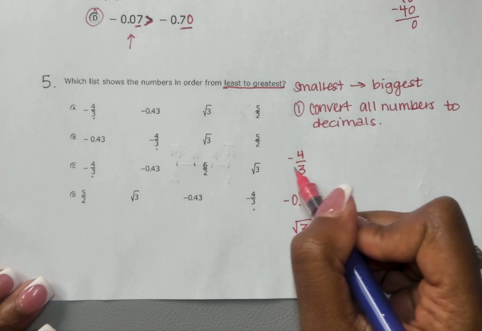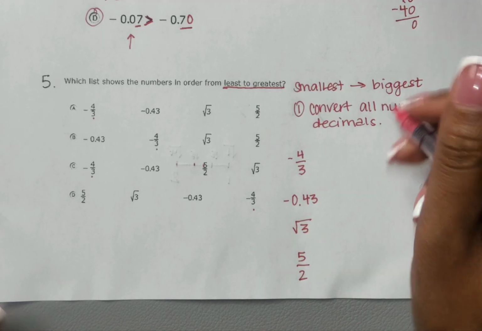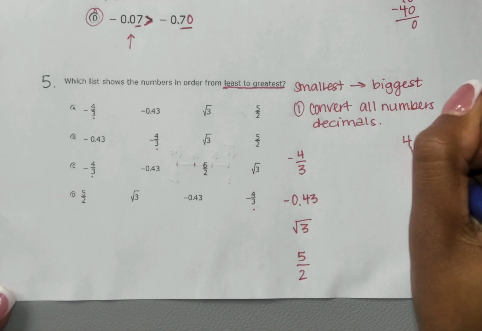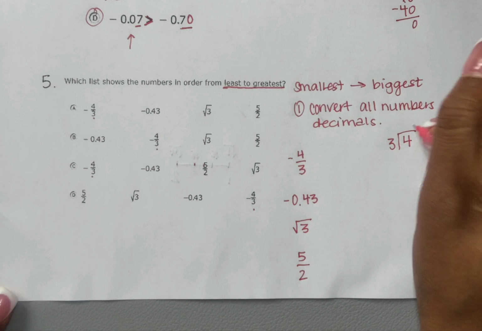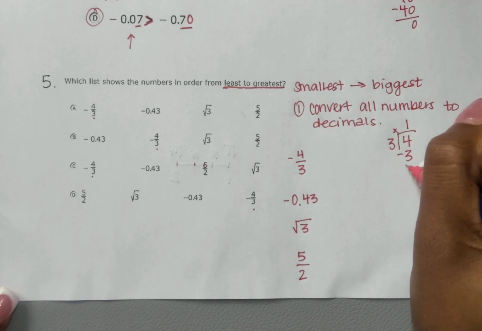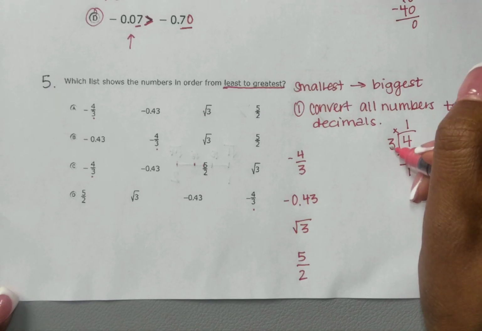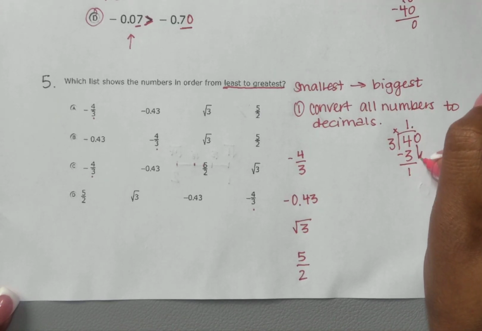-4/3, I have a fraction, so to convert this to a decimal, I have to divide. So 4 divided by 3. 3 goes into 4 one time. 3 times 1 is 3, leaving us with 1. 3 does not go into 1, so we add our decimal and a 0.